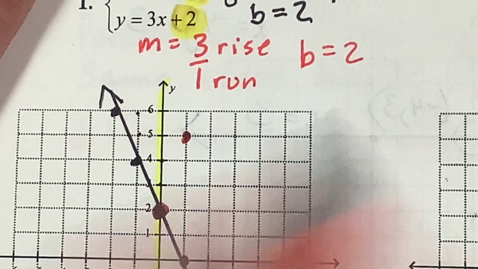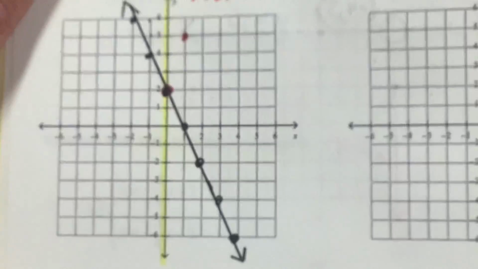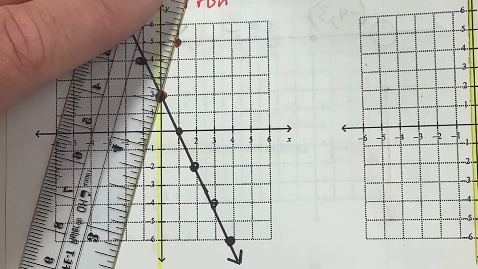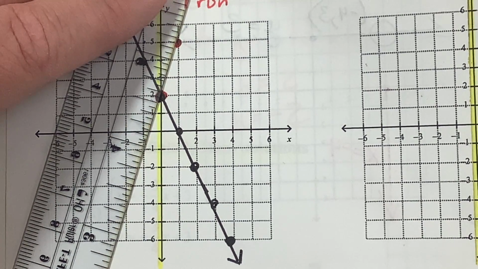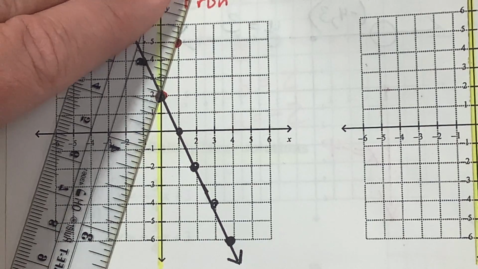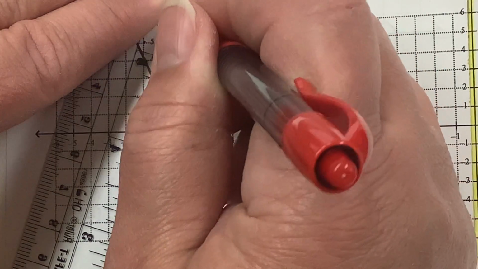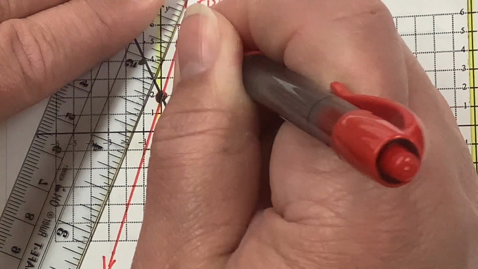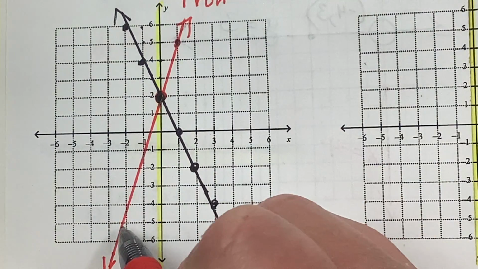Do I need more points than 2? Well, 2 points is enough to graph if you're careful. So I'm going to go through those 2 points, and I'm going to be very careful that I'm going right through the corners of the grid in the background. And look, I'm going to come down here and I'm going to check it.